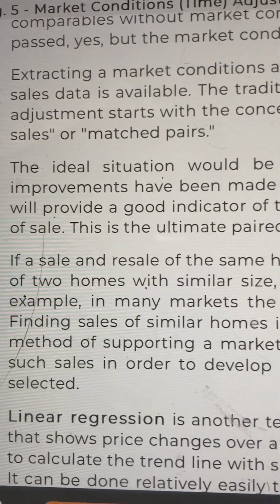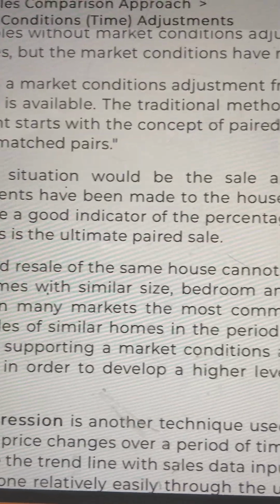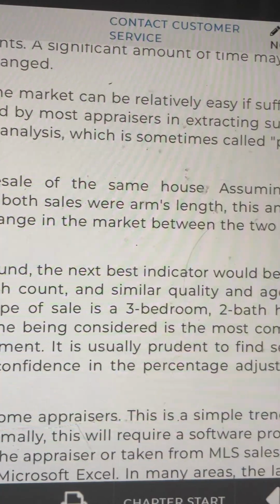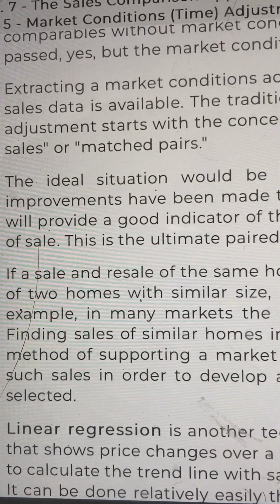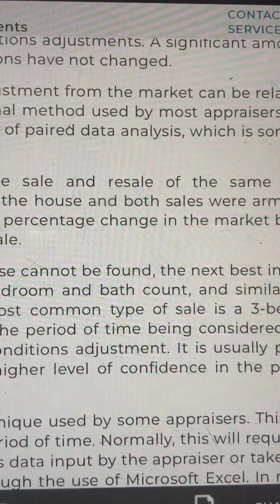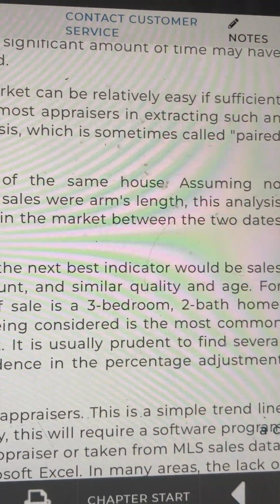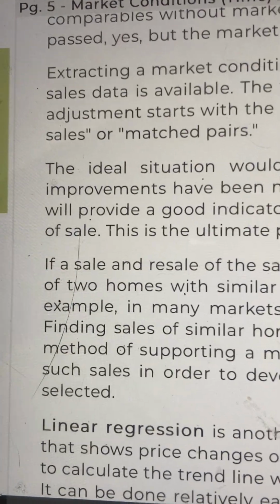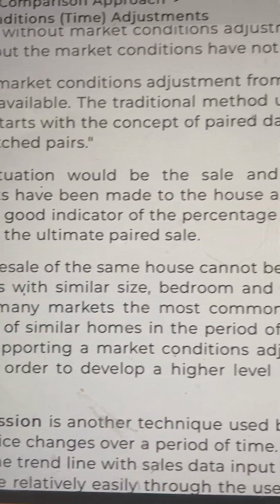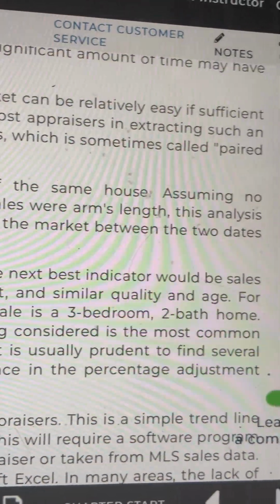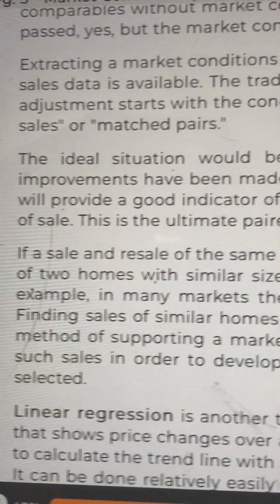If a sale and resale of the same house cannot be found, the next best indicator would be sales of two homes with similar size, bedroom, and bath count, and similar quality and age. For example, in many markets, the most common type of sale is a 3-bedroom, 2-bath home.